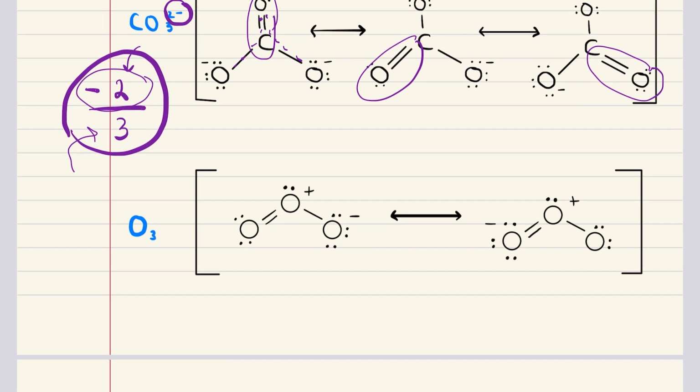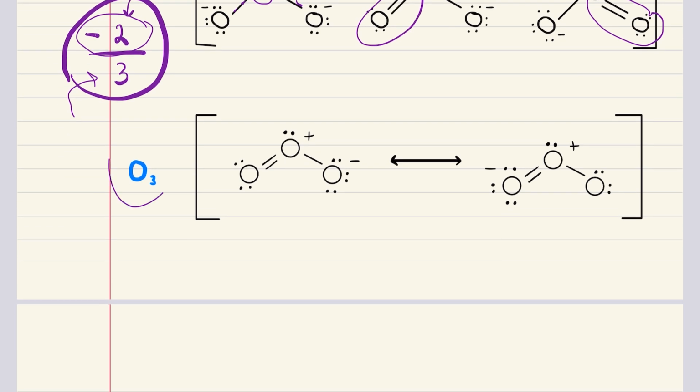And what you'll realize, attempting to draw out the Lewis structure for O3, is that you can draw out 2 resonance structures for ozone. And even though there is not a net charge associated with O3, you will soon realize when drawing the resonance structure that there is a positive charge and a negative charge associated with the oxygen atoms, and one has no charge at all.